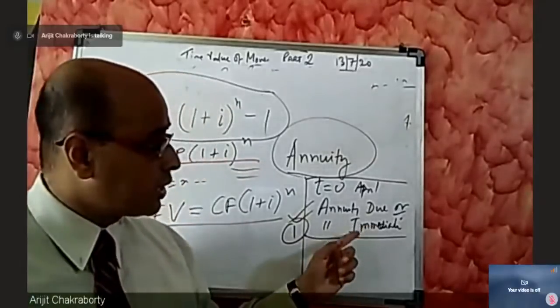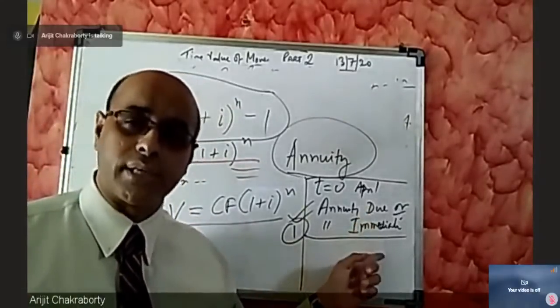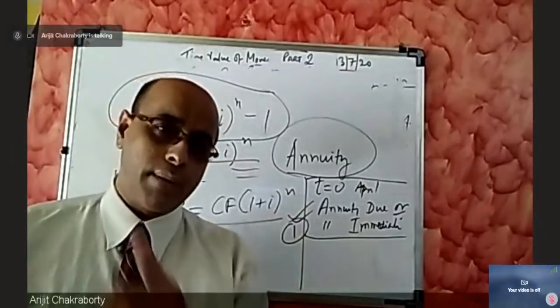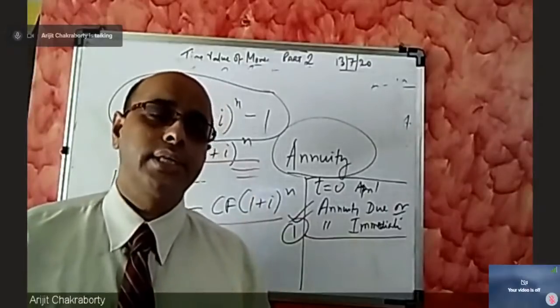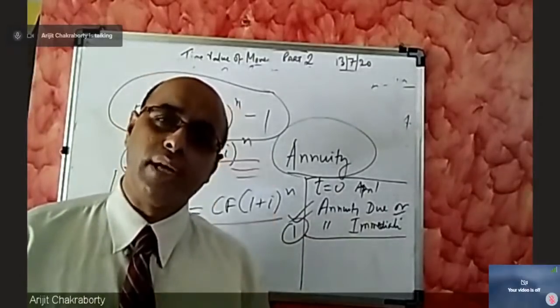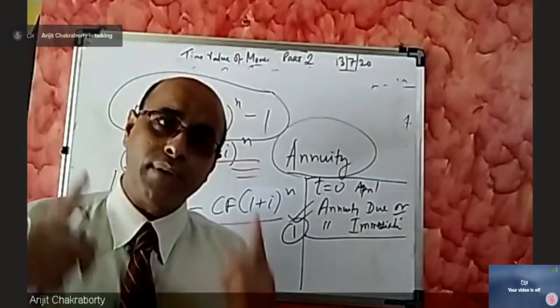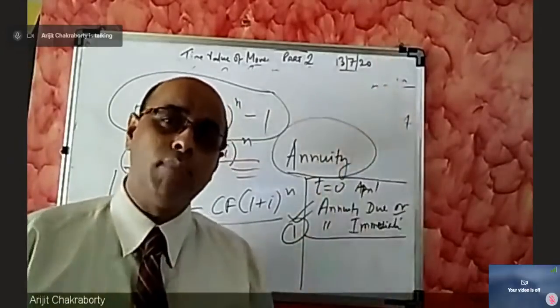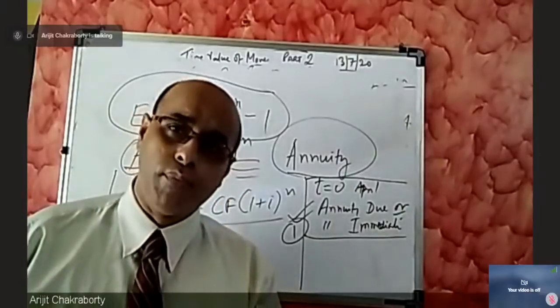In that case, it is called annuity due or annuity immediate. But if I receive the money at the end of every year, say in March 2021, and for financial year 21-22, I receive it at the end, that is in March 2022.